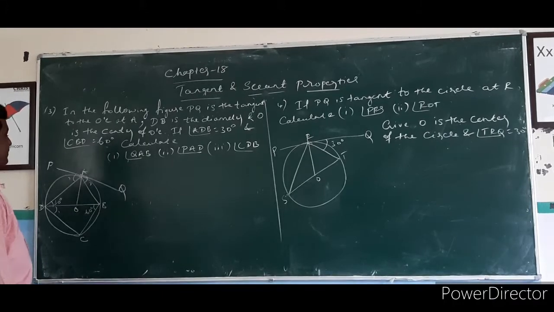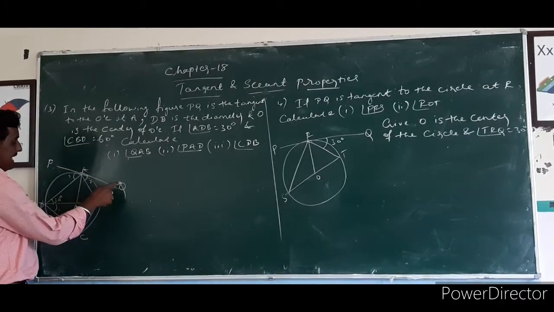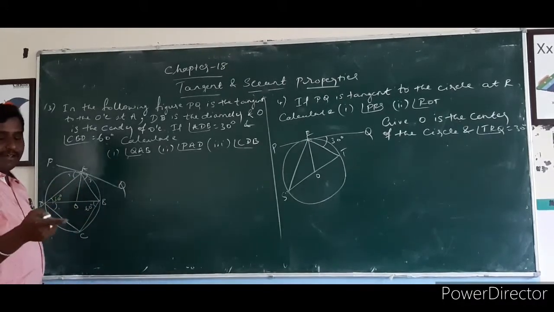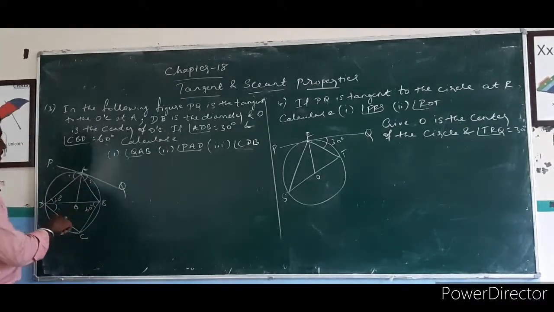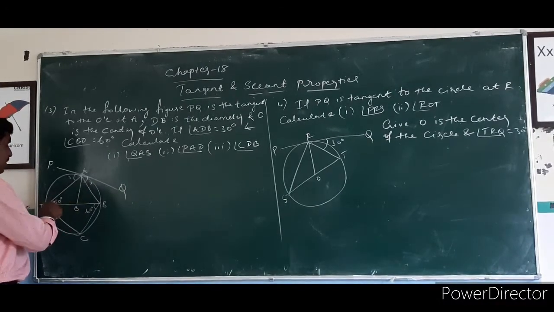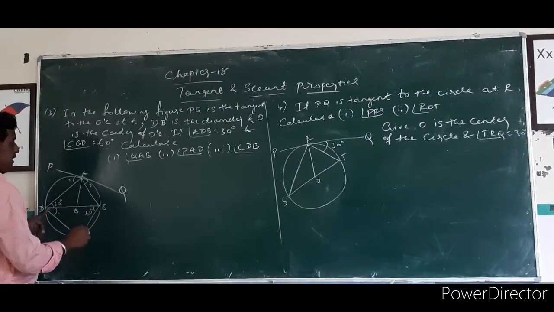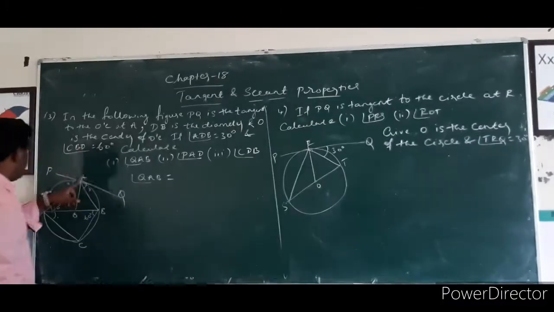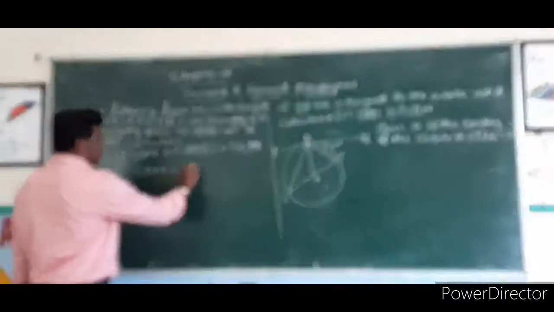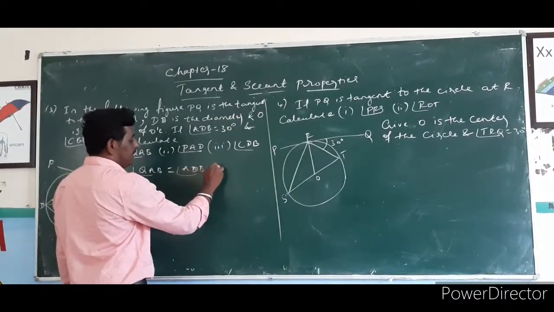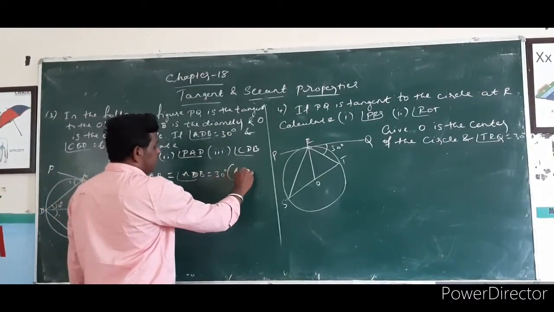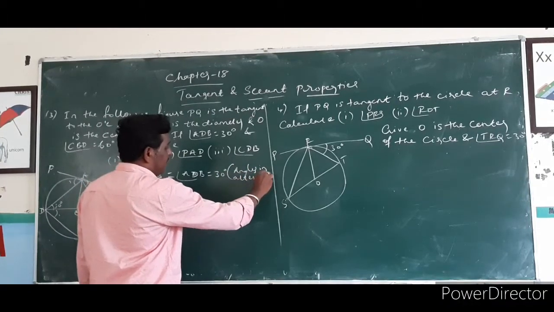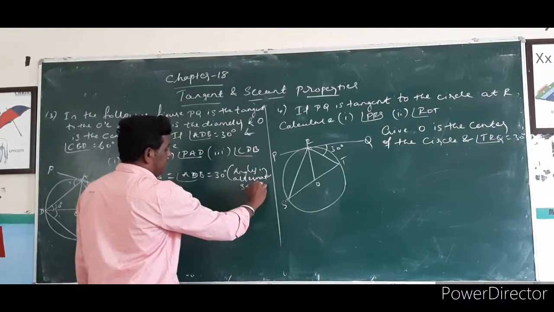So for this one, here PAQ is the tangent and AB is the chord. So the angle between the tangent and chord is equal to the alternate segment angle. So here QAB is equal to ADB, because 30 degree, angles in alternate segment.